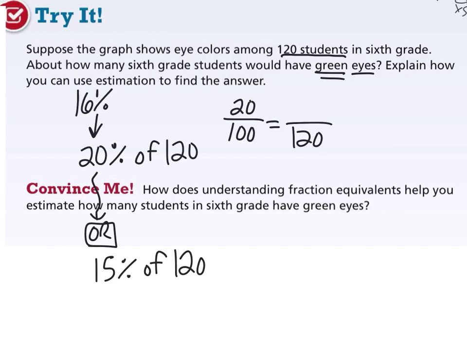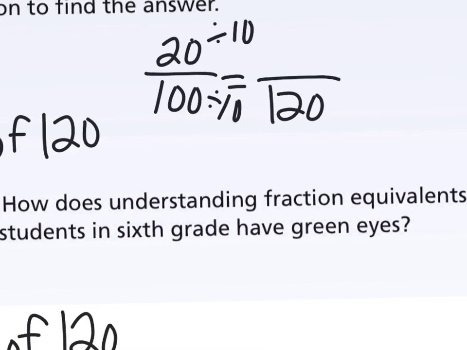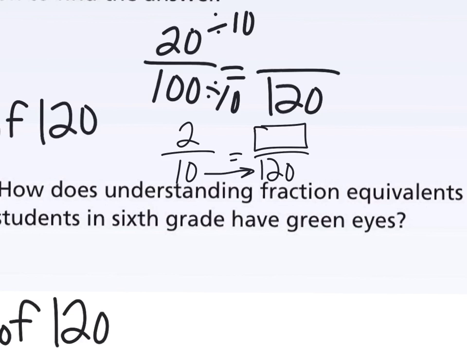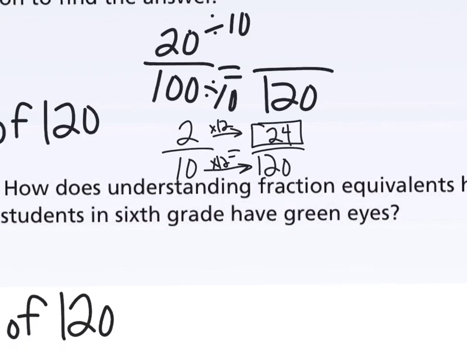Since both of those numbers end in zeros, we could reduce both of these by 10. And that would reduce it down to 2/10. And now we can try to get to 120. If we multiply by 12, that will get us the number that we want. So that would be 24 out of 120.